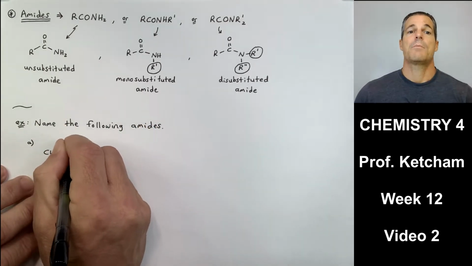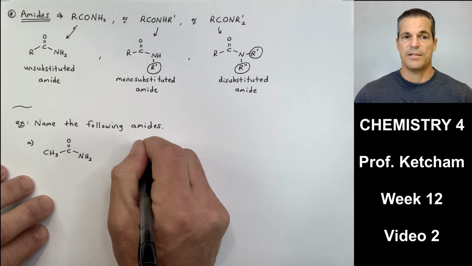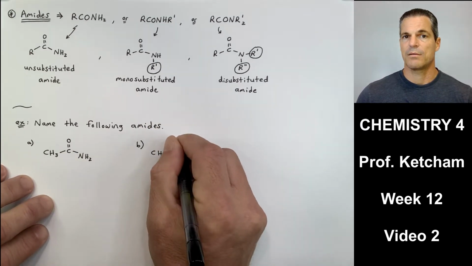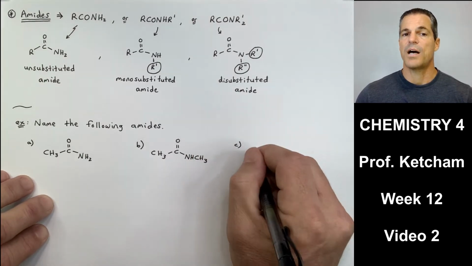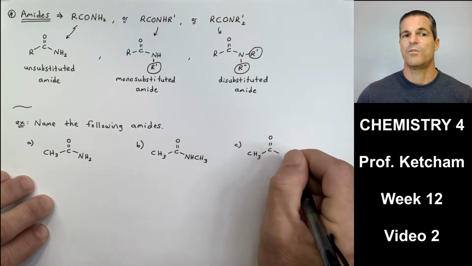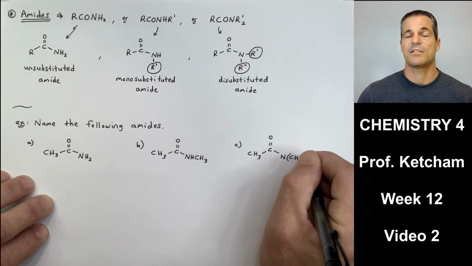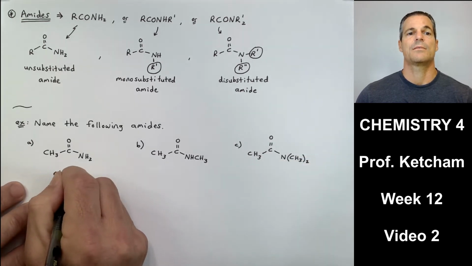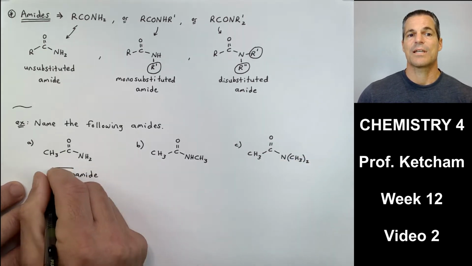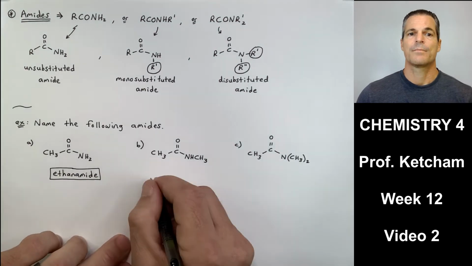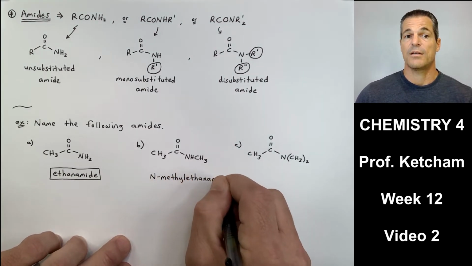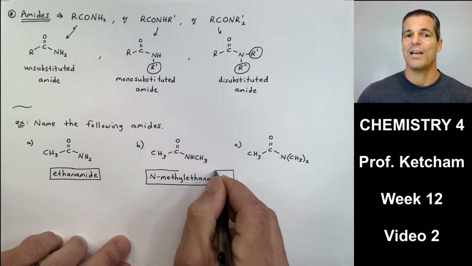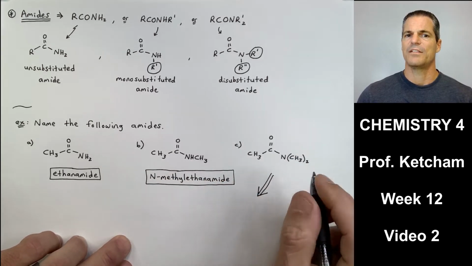Okay. Now, before I even give you the rules on how to name, I just want to practice naming amides because it's very similar to the corresponding carboxylic acids. If you remember, I said that an amide is a derivative of a carboxylic acid. So instead of ethanoic acid, this is ethanamide. In B, we have a methyl group off of the nitrogen.